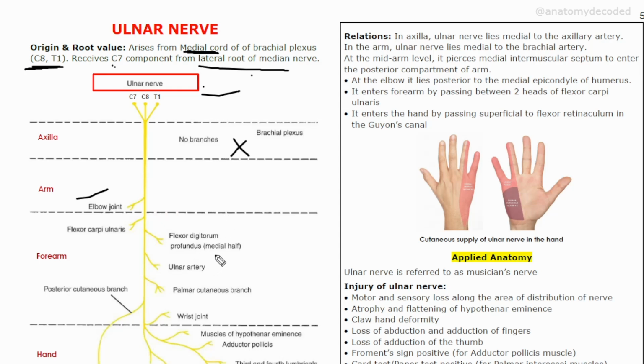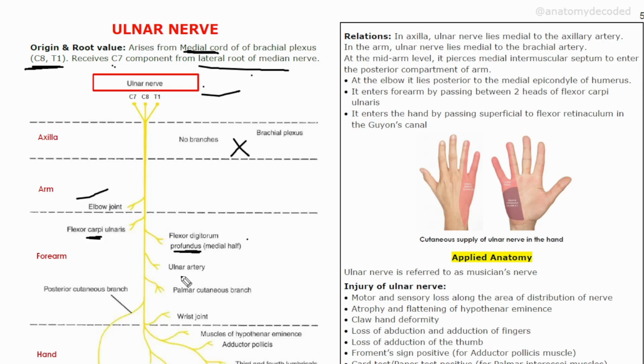Then when it comes in the forearm, it gives some branches. In the flexor compartment, there is a muscle called flexor carpi ulnaris, one of the superficial muscles in the flexor compartment of the forearm. In the deep group, it supplies the flexor digitorum profundus muscle.